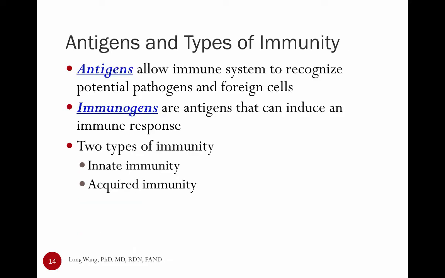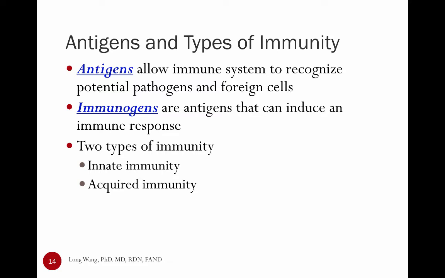So what are antigens? Antigens allow the immune system to recognize potential pathogens and foreign cells. So we can consider antigens markers. This could be a molecule or a portion of a molecule.